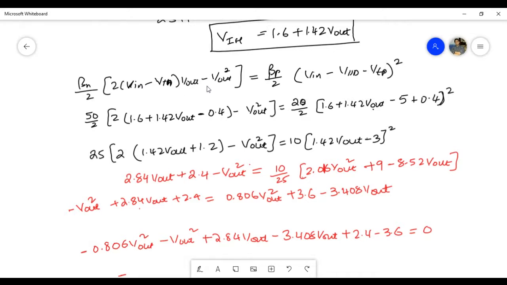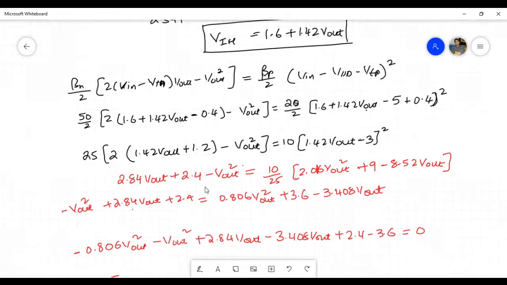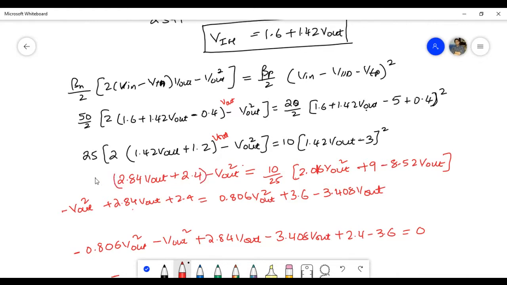So just let me correct it, because it should be V out. So it will be how much? This will be V out, right? Yes or no?